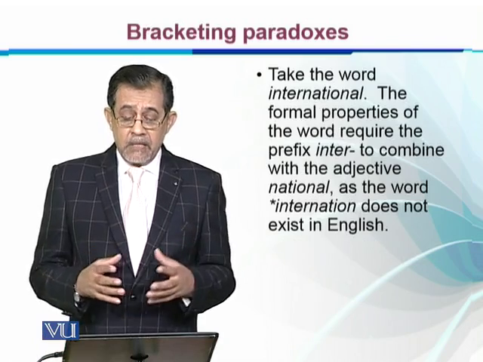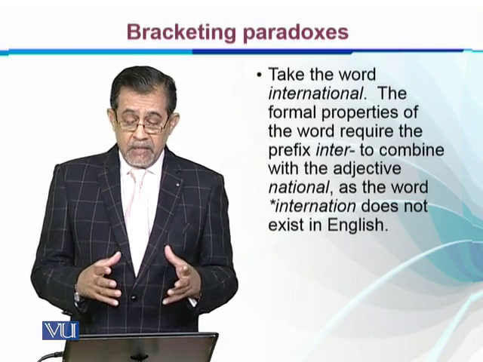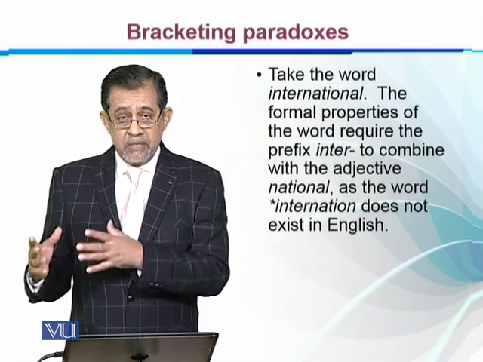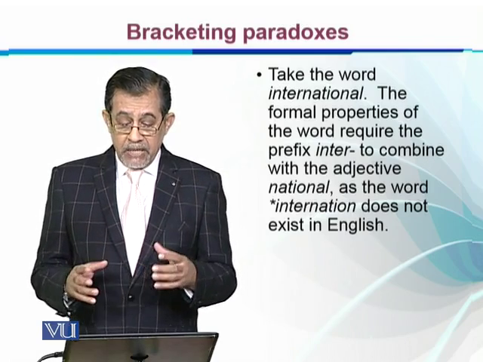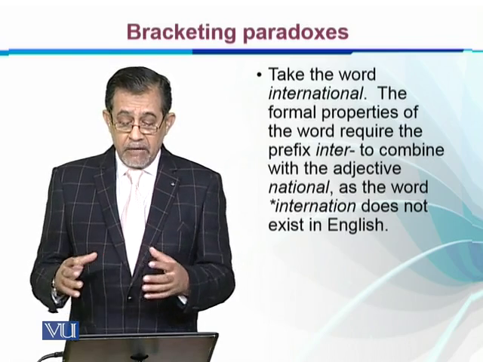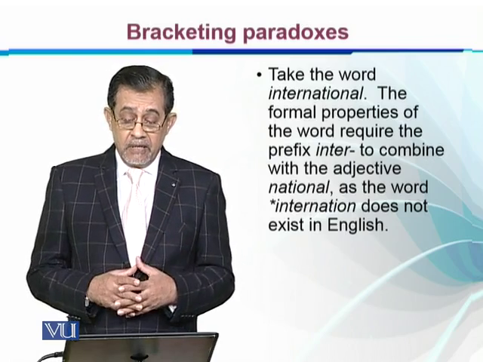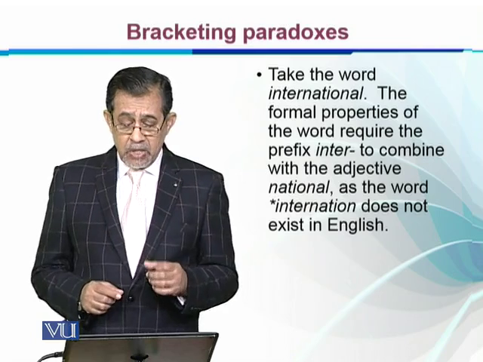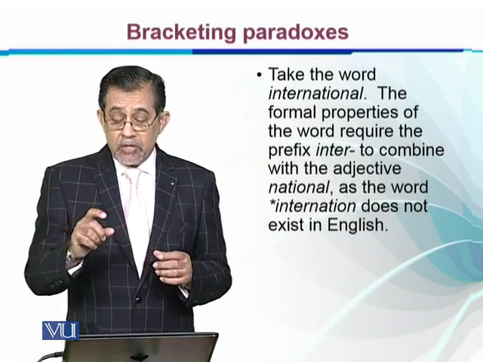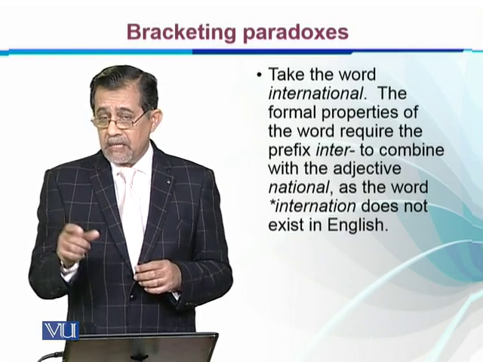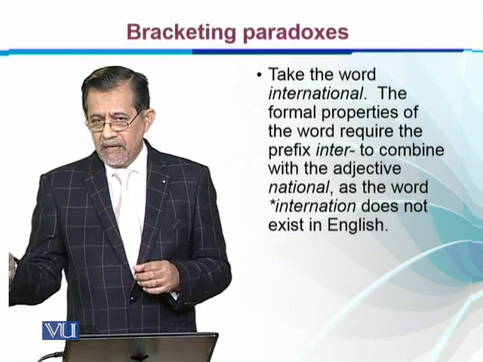Take the word international, right? International. The formal properties of the word require the prefix inter to combine with the adjective national. But if we combine these two as internation, it does not work, because national is a combination of nation and al.